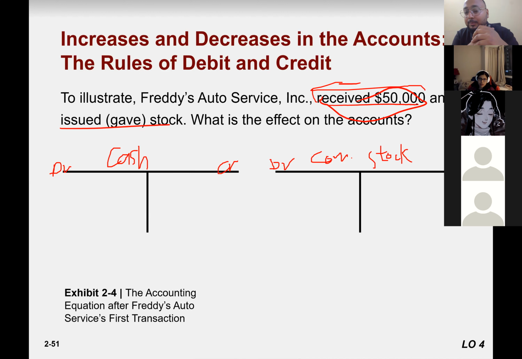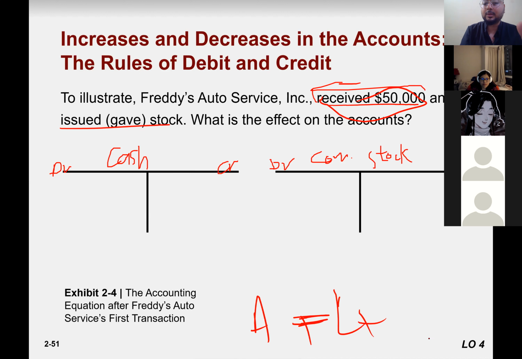So does cash belong to asset, liability, or owner's equity? Owner's equity. Let me write it down: assets equal liabilities plus owner's equity. Cash belongs to which category here? Asset, liability, or owner equity? Assets.